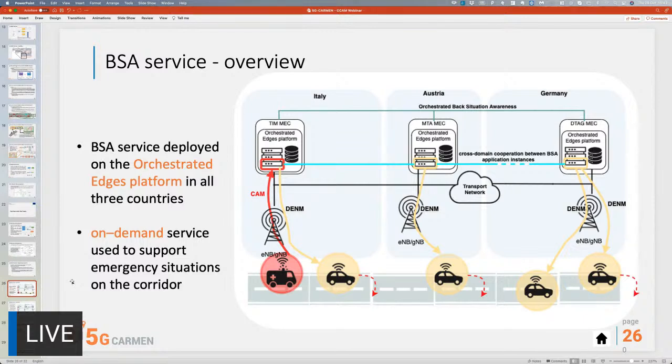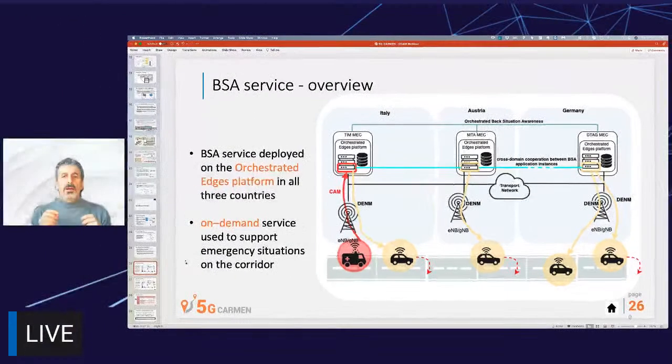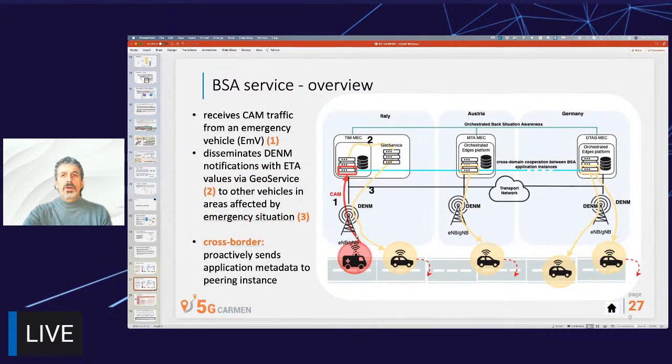So they do not see in time the arrival of the emergency vehicle. 5G CARMEN foresees a connection between the emergency vehicle and the orchestrated edge platform where the BSA service runs. The process works so that the emergency vehicle sends CAM messages advertising its presence and its location, it's the red arrow shown in this picture with the number 1.